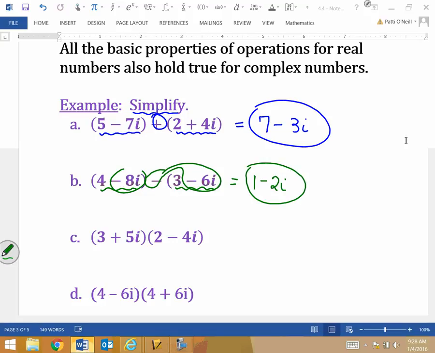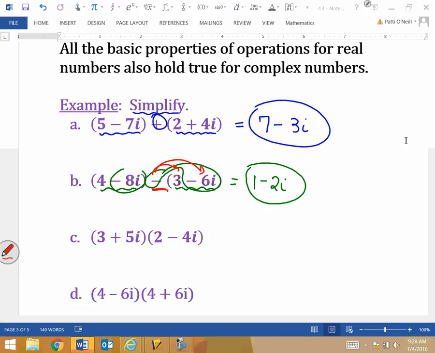So the difference of these 2 complex numbers turns out to be 1 minus 2i. Again, not too difficult. The only place that I'm going to catch someone with a problem like this would be that they're forgetting to change, and distribute the negative sign through in order to change the signs there.